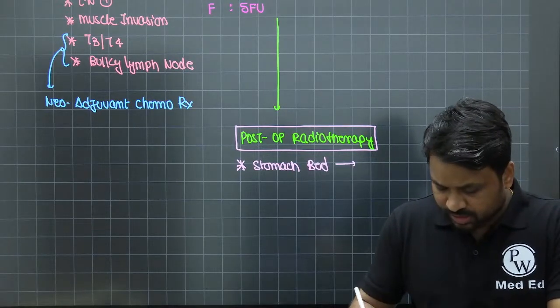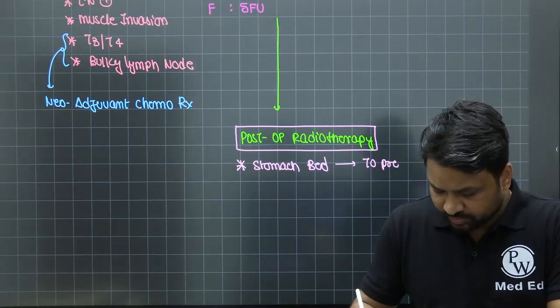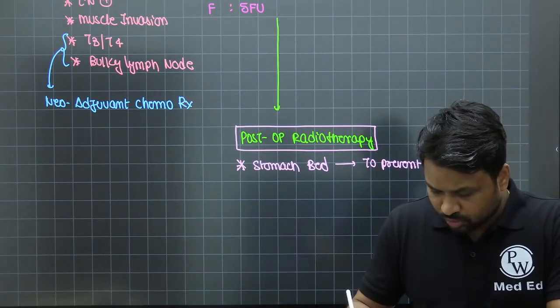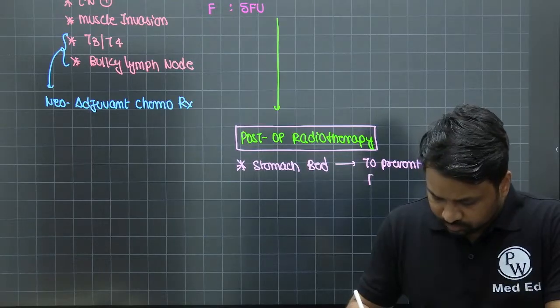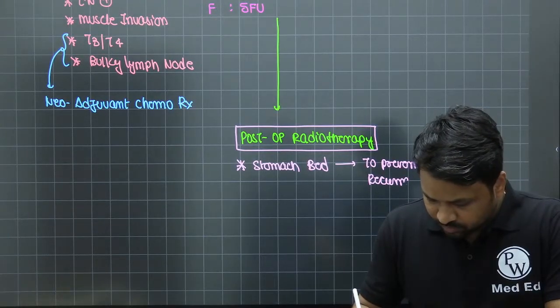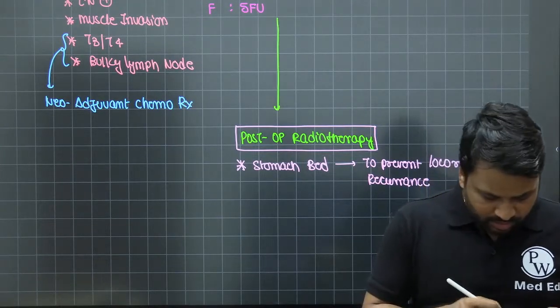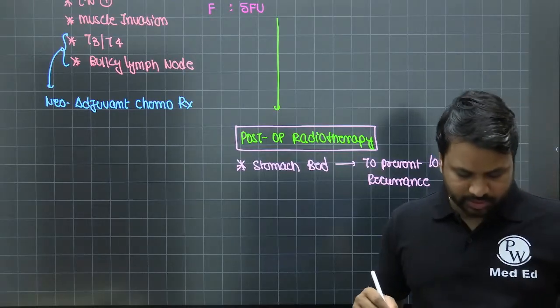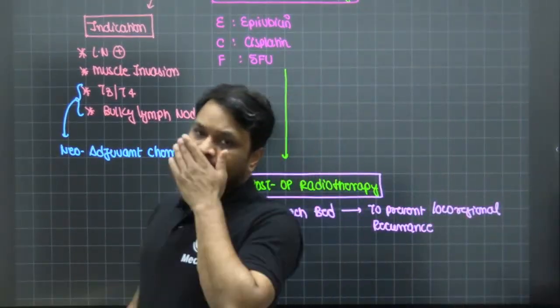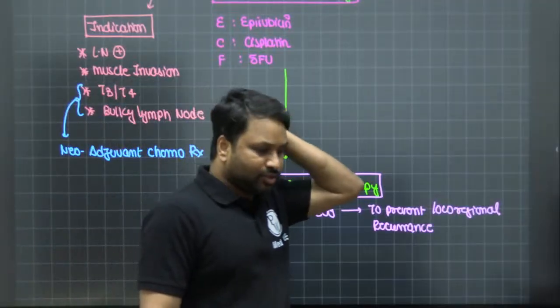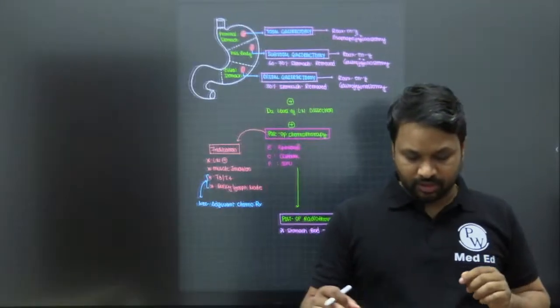The basic objective is to prevent locoregional recurrence. So this is all in all how you manage your patients of gastric carcinoma, right?